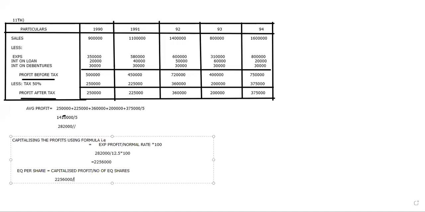I'm going to assume it is 10 rupees per share. So 5 lakhs divided by 10 rupees is 50,000 shares. So 22,56,000 divided by 50,000 shares. How much is the answer? 45.12.